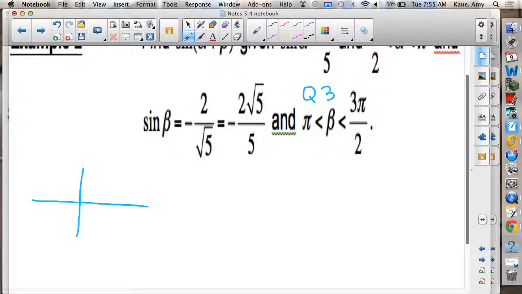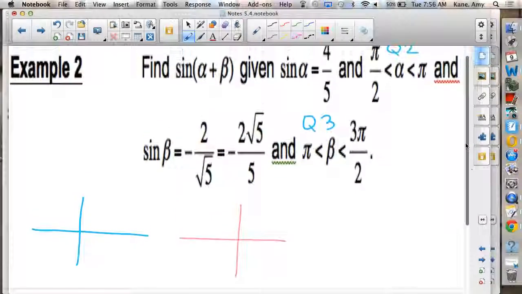I'm going to make two separate ones just so that my diagram doesn't get sloppy: a triangle for angle A and a triangle for angle B. Because if you can't use the unit circle, the other option is to draw a triangle and see if you can use it to answer the question. So it's kind of like one or the other. Can I use the unit circle? If not, we have to go back to making triangles.